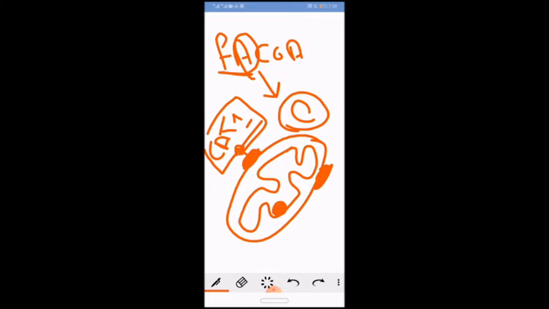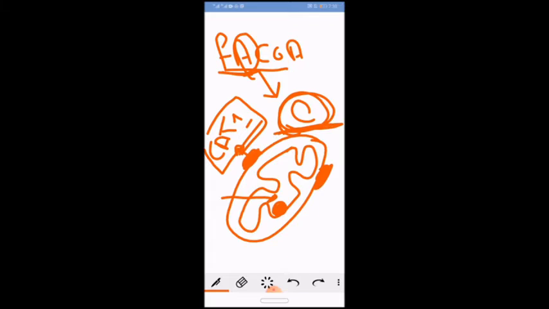The product of this step is acyl carnitine, a carnitine carrying the acyl group of the fatty acid, and free CoA. Now the free CoA could get easily inside, and the acyl carnitine sadly stands outside.